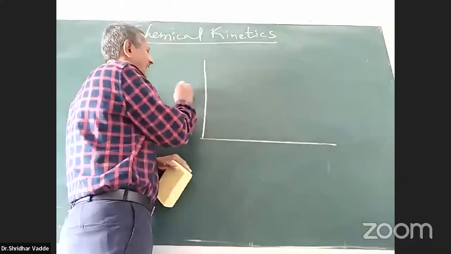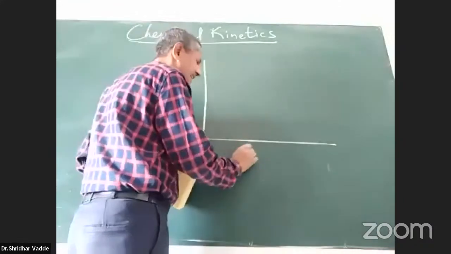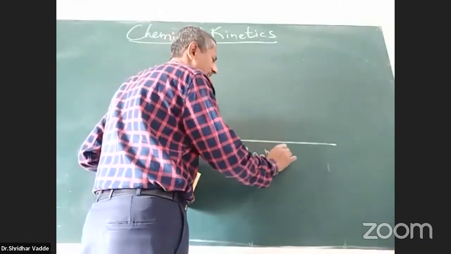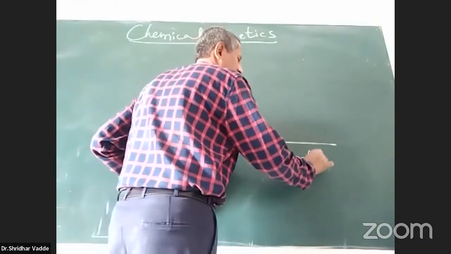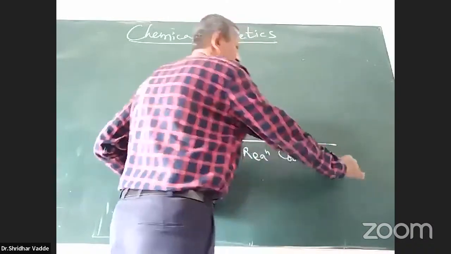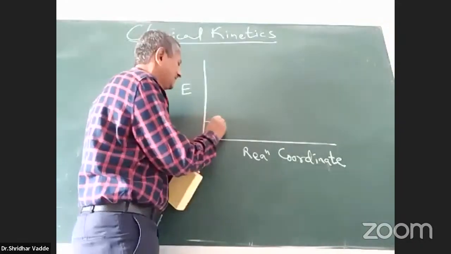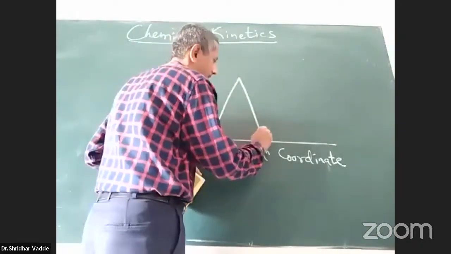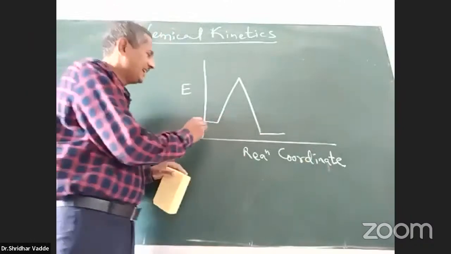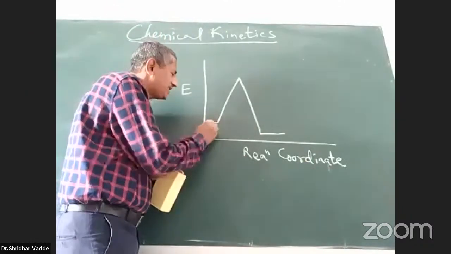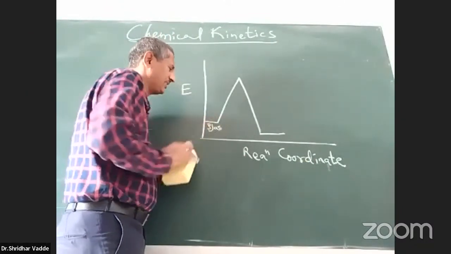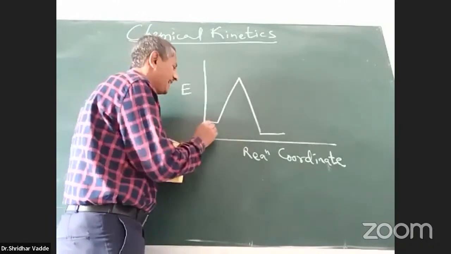This is energy, శక్తి. This is reaction path, reaction coordinate. So let us say, ఇది క్రియాజనక అణువుల యొక్క శక్తి, the energy of reactants.